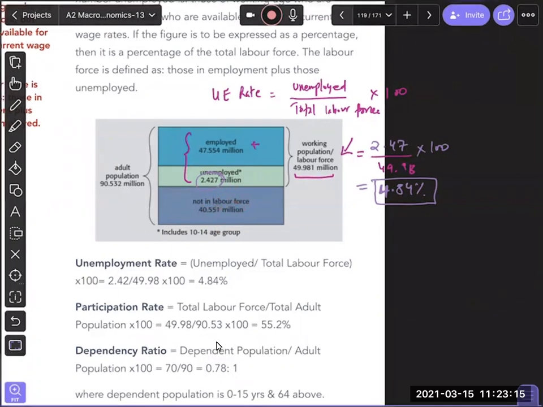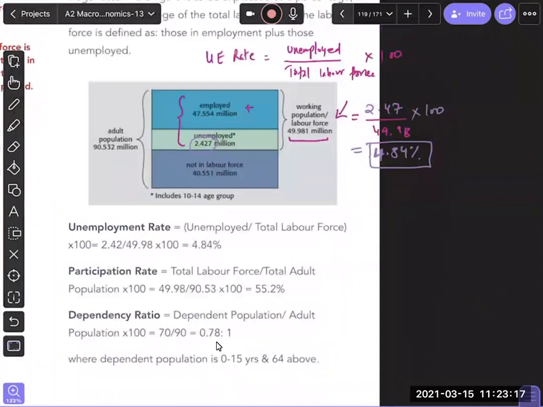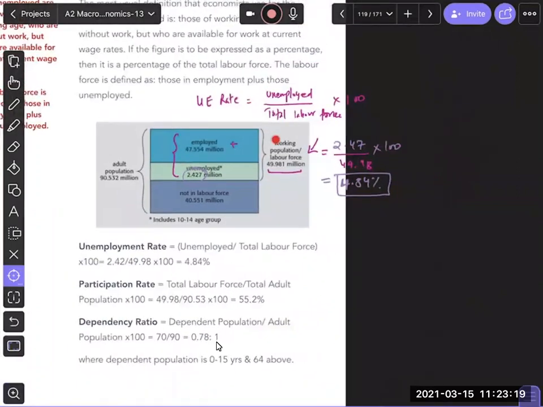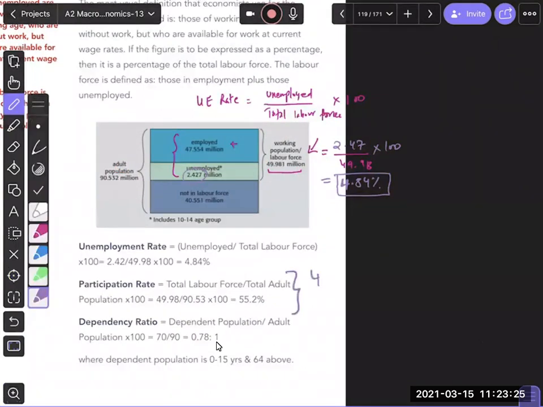Okay. Now, guys, then comes your participation rate, like how much of your population is participating in the labor force. If you look at this number, it is 49.98, which is your total working population or labor force, divided by adult population, which is 90.532, and you get 55% of our population participating.